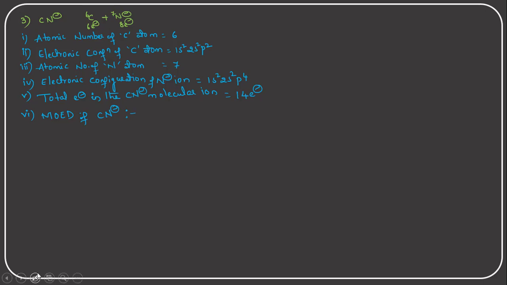So here I am drawing the molecular orbital energy level diagram of the cyanide molecular ion, and here I am taking the atomic orbitals of carbon. Why am I taking this on the left side? Because carbon is electropositive compared to nitrogen. Nitrogen is the electronegative one.